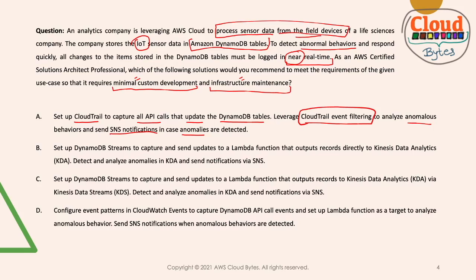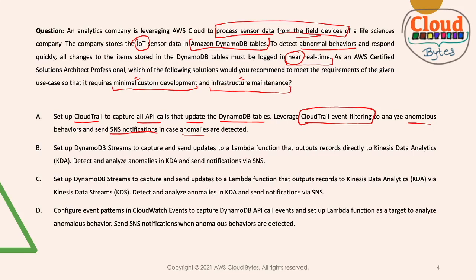CloudTrail does not support the GetRecords API for DynamoDB Streams, so you cannot use this to capture the actual record. You'll know there was a request, but you cannot see the actual record, what is happening.